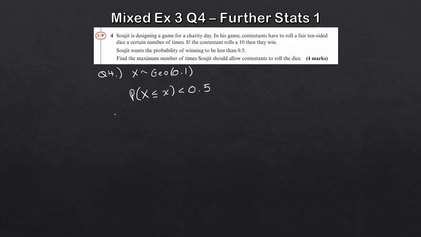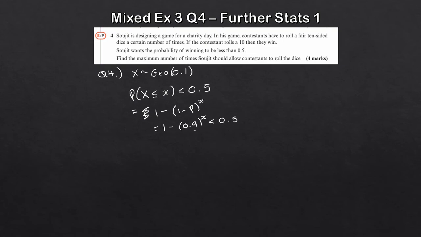Well, remember, when we're doing less than or equal to a number, we define this as being 1 minus (1 minus P) to the x, like that. So this is going to be 1 minus 0.9 to the x. But we want this to be less than 0.5.